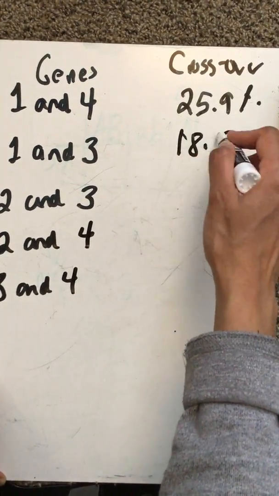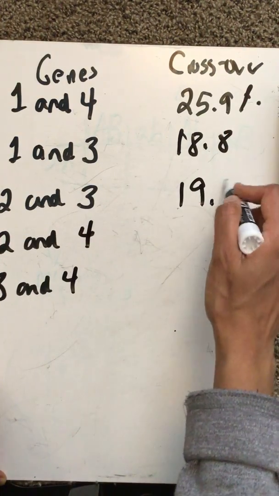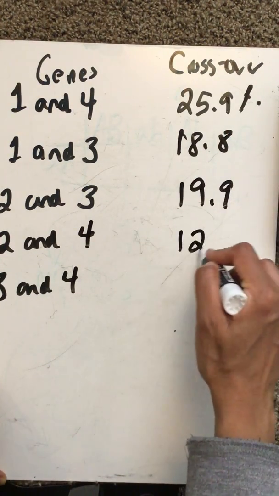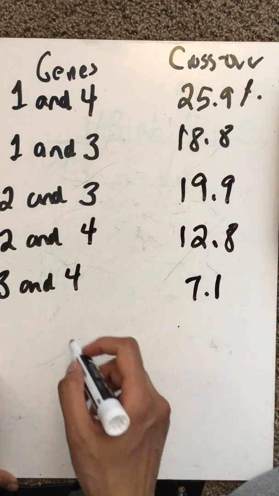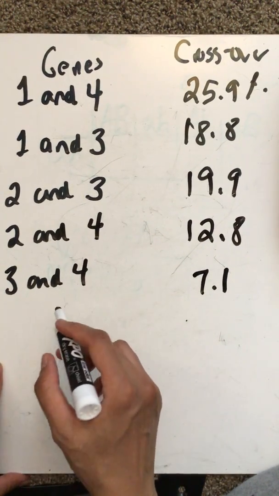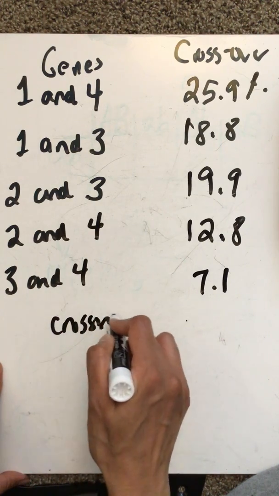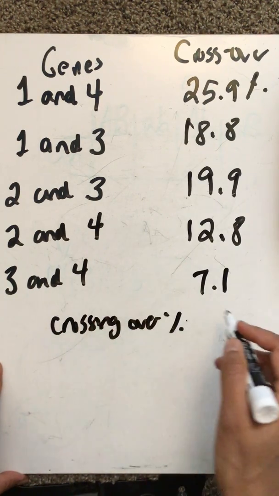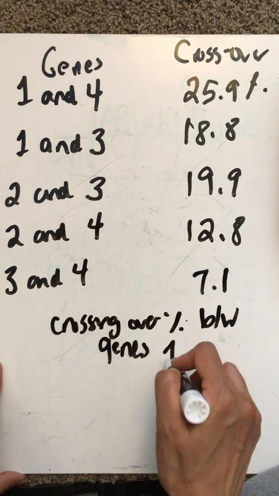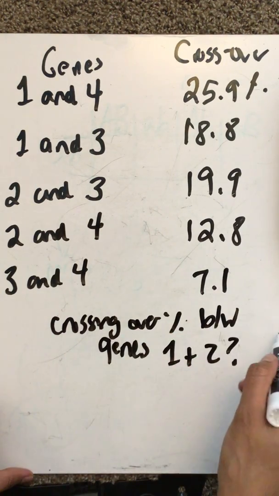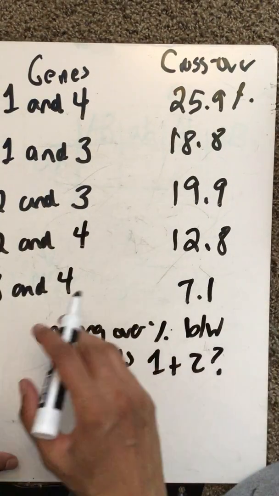This one is 18.8. This one's 19.9. This is 12.8. This is 7.1. And basically, what is the crossing over percentage between genes 1 and 2? That's the question.